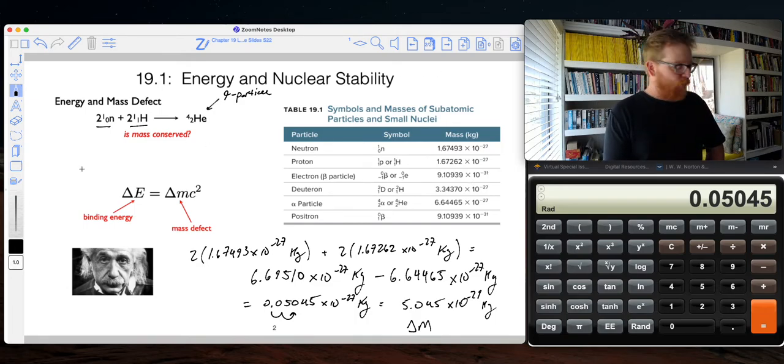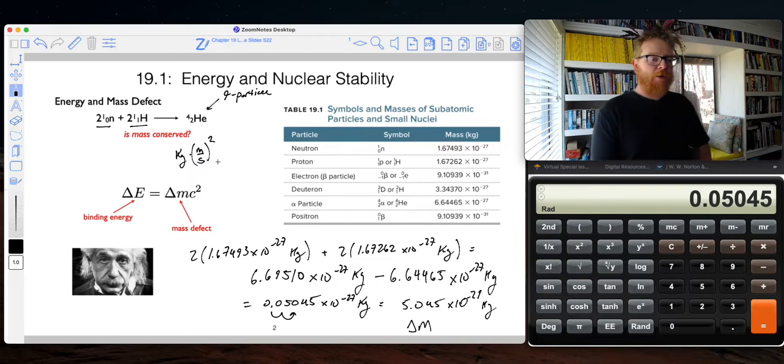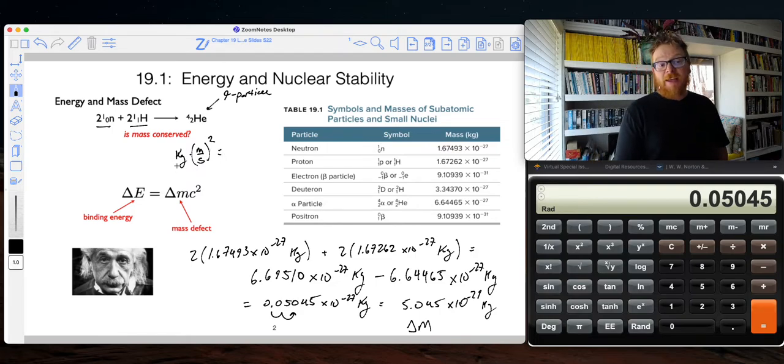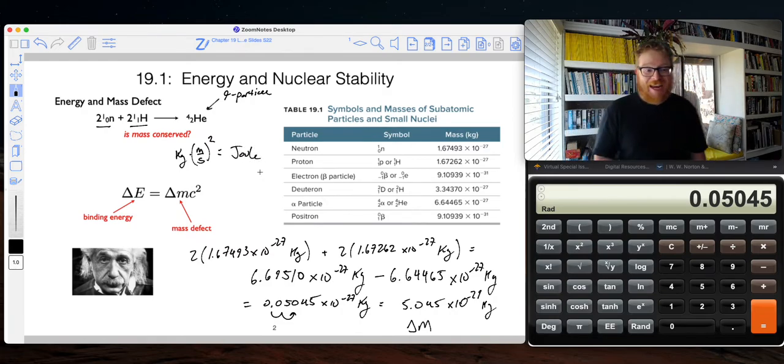If you think about this formula for a minute, just the dimensional analysis: this delta M is in kilograms, and c, the speed of light, is in meters per second, so that becomes meters per second all squared. As it turns out, a kilogram meter squared per second squared equals a joule. So that's really all Einstein did with this equation, just dimensional analysis to get the units to work.